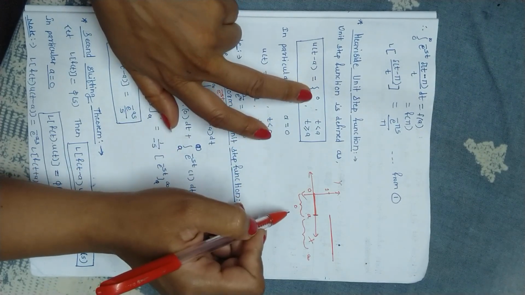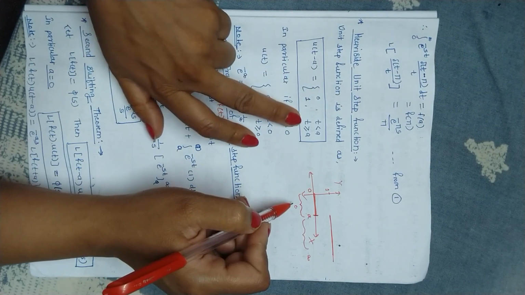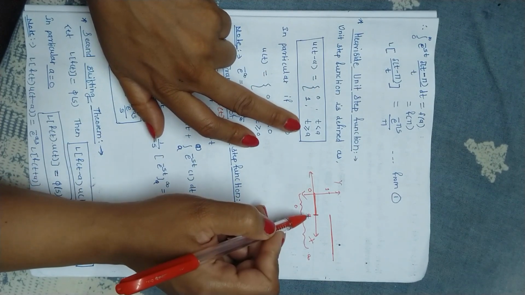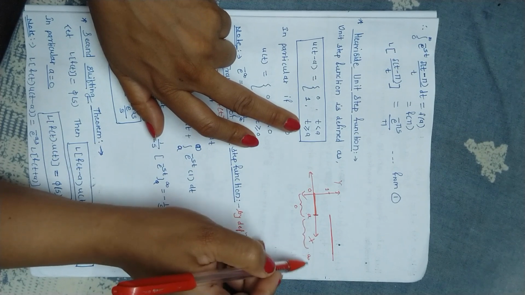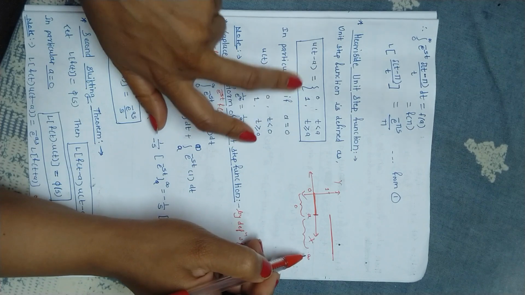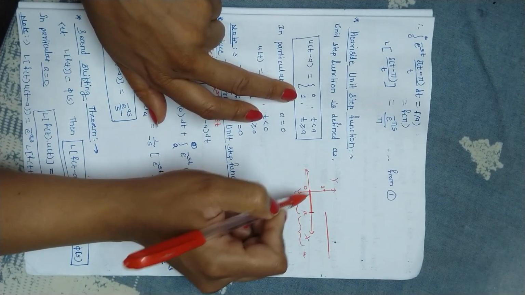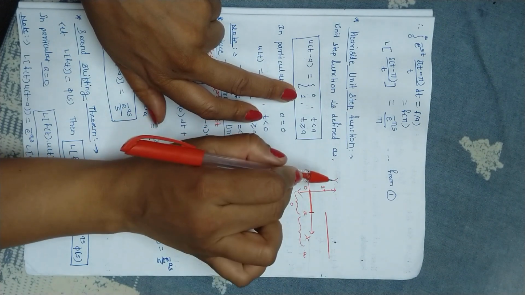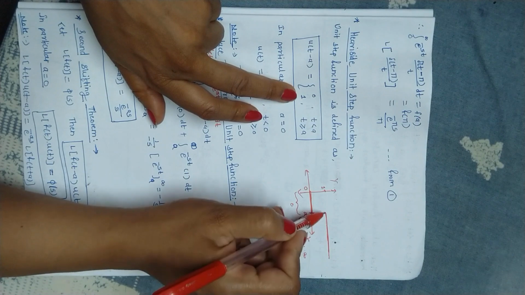t less than a means these numbers, and greater than 0 means this interval. The value of this unit step function is 0 there, and t greater than a means the values greater than this number on this side, until infinity. In this interval the value of this function is 1. Suppose this is 1; the value of x and the value of y, which is f(x).